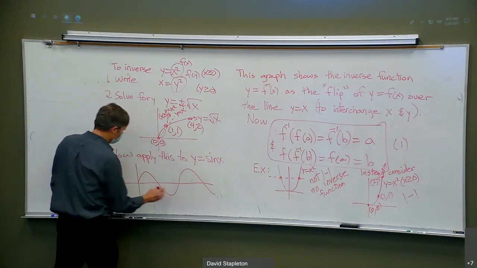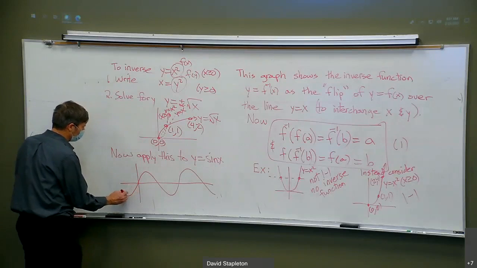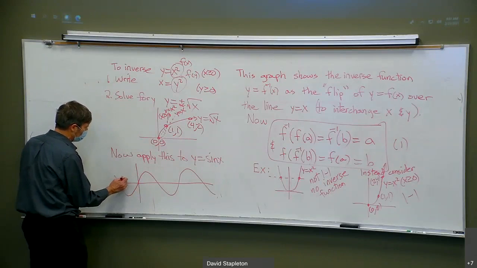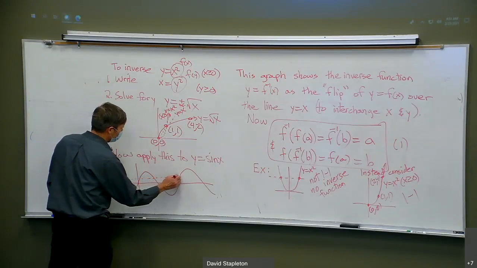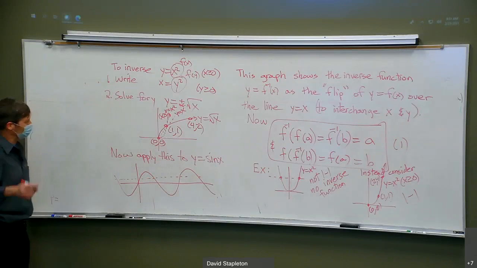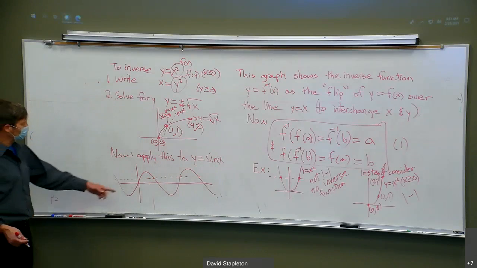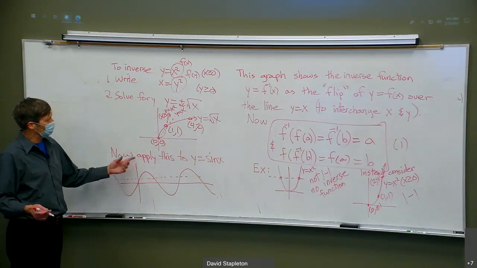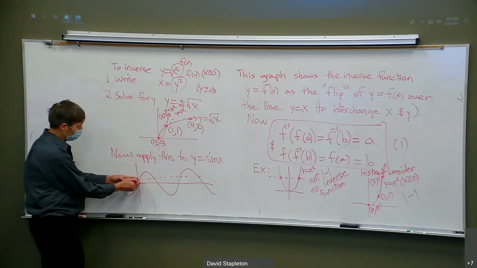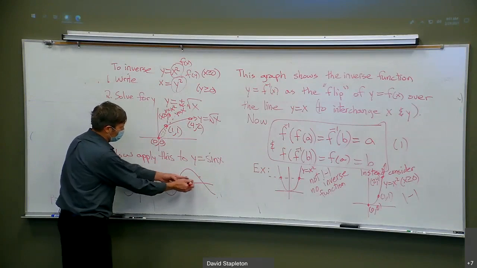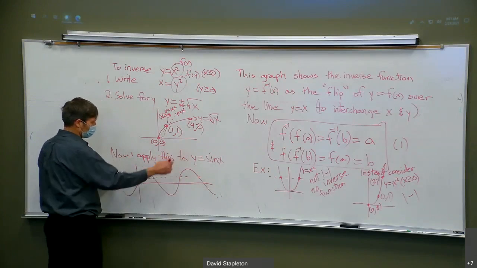This is really even worse than the square function because not only is it not one-to-one, if you put a horizontal line through here, it's intersected an infinite number of times. So if you tell me what the sine of x is, there's an infinite number of answers that might have gotten that sine, right? Might be this x, might be this x, might be this one, might be this one. That's because this thing repeats over and over.